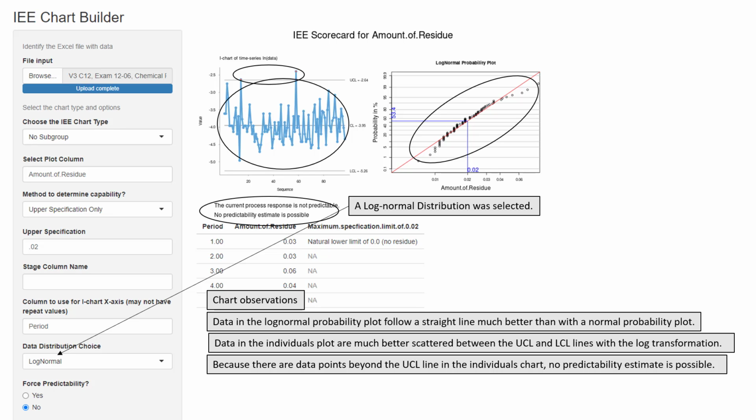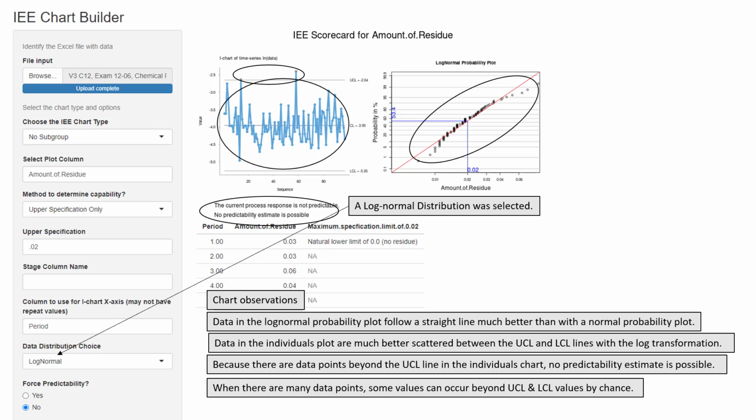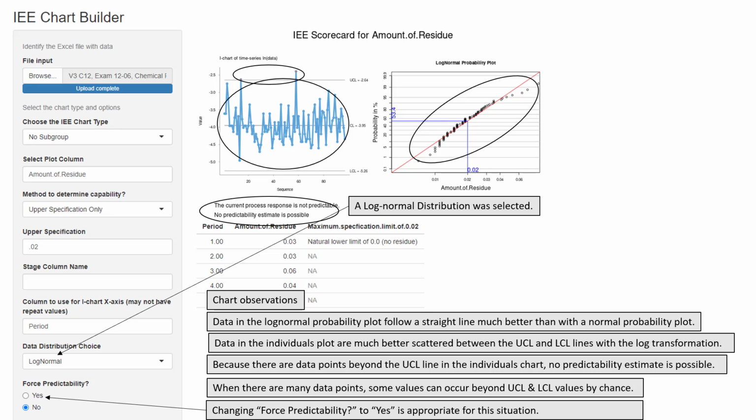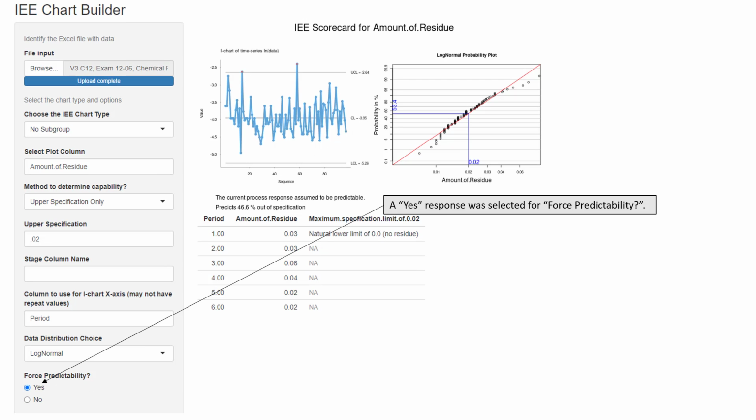Because there are data points beyond the UCL line in the individual's chart, no predictability estimate is possible. When there are many data points, some values can occur beyond UCL and LCL values by chance. Changing forced predictability to yes is appropriate for this situation. A yes response was selected for forced predictability.